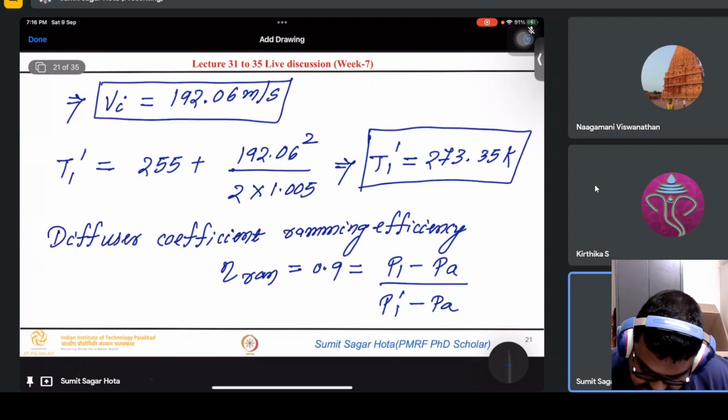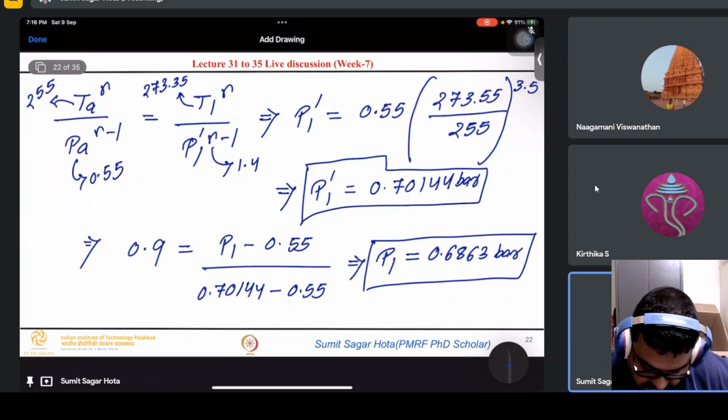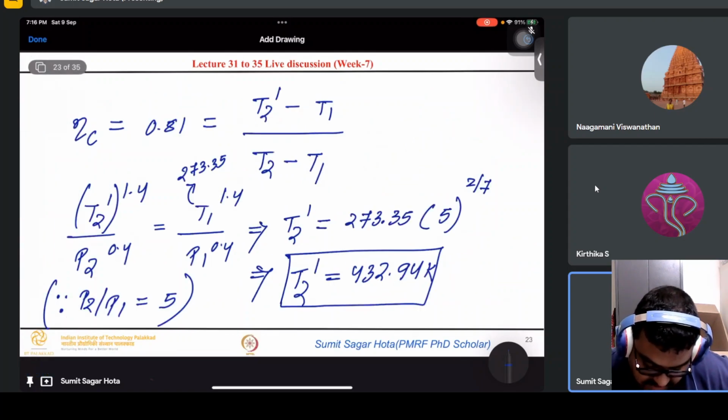We know ramming efficiency 0.9. What is the formula? P1 minus PA divided by P1 dash minus PA. Then how to find out this P1 dash? You have to apply the temperature and pressure ratio formula in the A to 1 dash cycle. Find out P1 dash, put it in the ramming efficiency formula, find out P1. Then you put in the compressor efficiency 0.81.